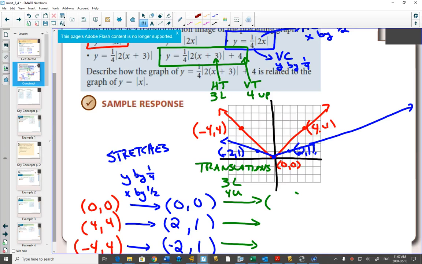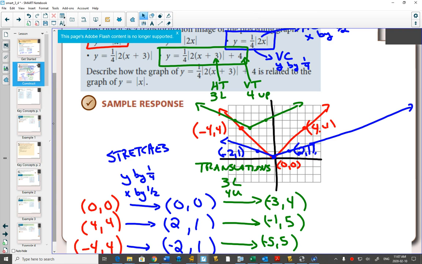And so if I take these points, 0, 0, 3 to the left, and 4 up, -3, 4. 2, 1, 3 to the left, 4 up. This one, 3 to the left, 4 up. And I take this graph, and that green graph matches up with that green equation.